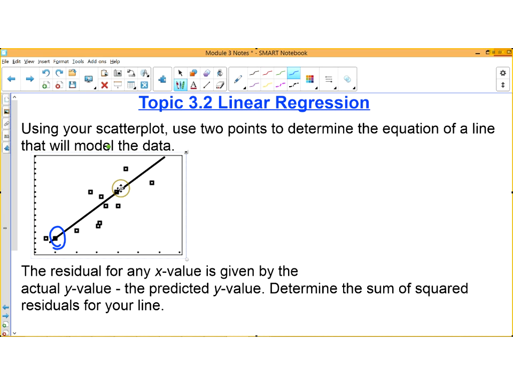If I was going to pick 2 points, maybe that point and that point, I might find the equation of the line passing through those 2 points. And if you recall from your algebra classes, you would find the slope of the line and then find the intercept, and that would be the equation of your line.